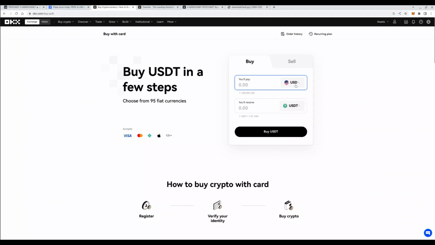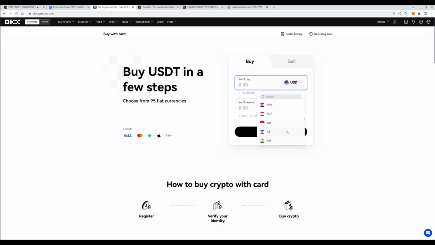Basically what you do is you go to buy crypto and you press buy card, and this is where I am now. They have Visa, MasterCard, Apple Pay, and so on. You go to the buy section, you select your preferred fiat currency. You can use US dollars, you can use a lot of different currencies, as you can see, from all over the world.